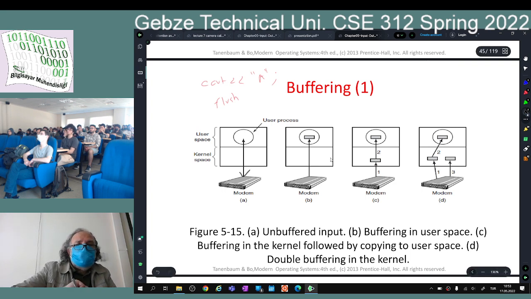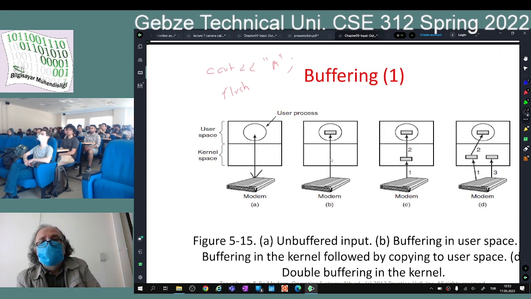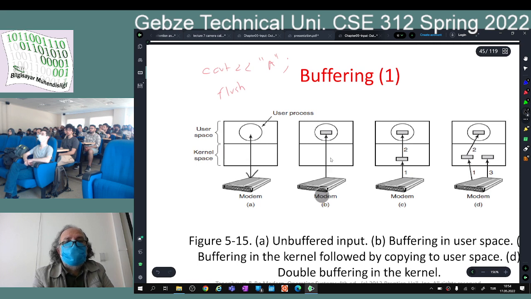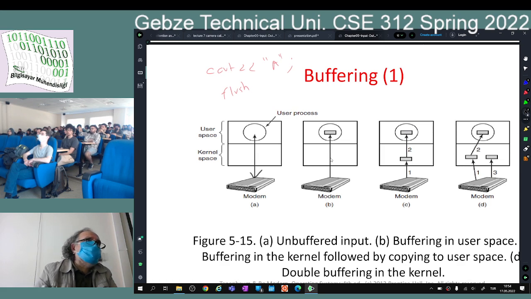We made things a little bit efficient, but there is a problem with this approach. Let's say you ask the modem to give you 5 kilobytes or 10 kilobytes of data. You ask the operating system, I am waiting for the data, and the operating system blocks you. Modem has to connect to the internet and get the data from there, so it takes some time.